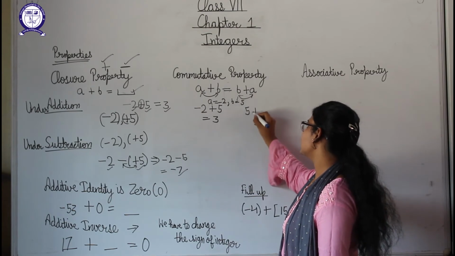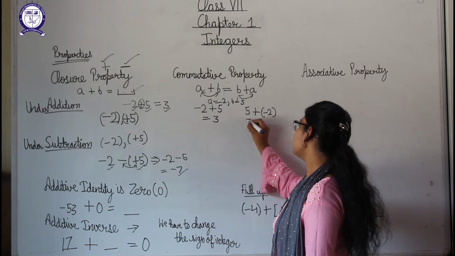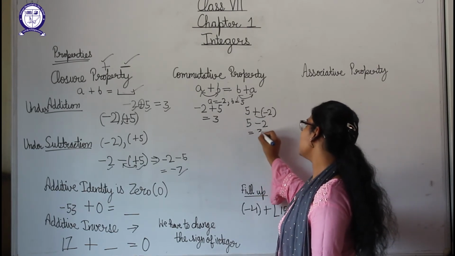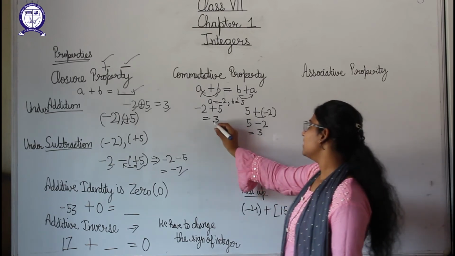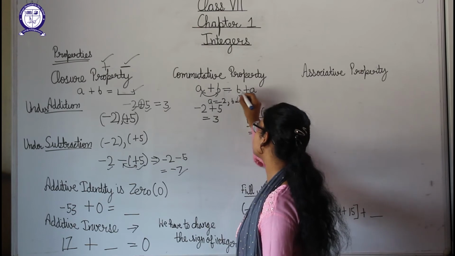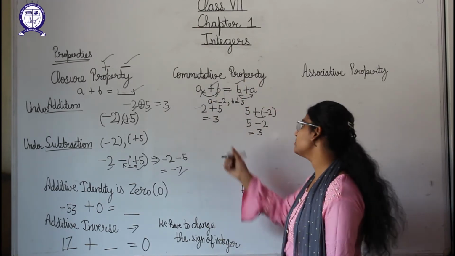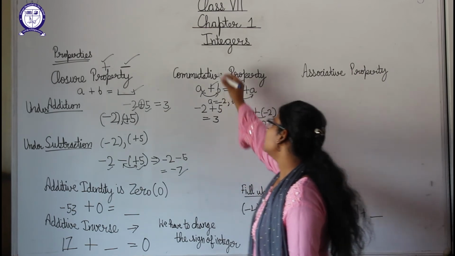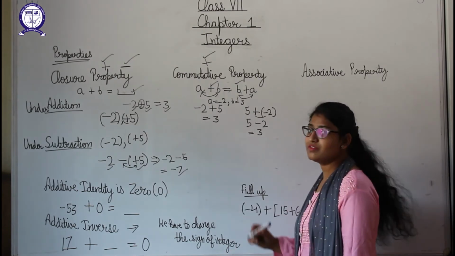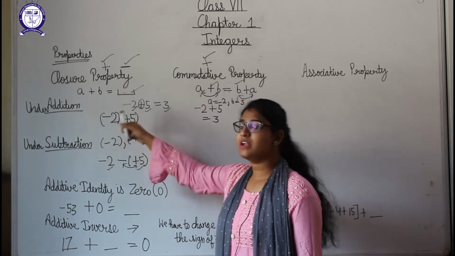We have to add, so the addition sign. What is a? A is -2. Now students, here 5 plus minus will be -2. But we are getting 3 as our answer. Here 3 was the answer, and here 3 was the answer. It means we can say that a plus b is equal to b plus a. If we interchange the position of the integers, both answers are the same. It means under addition this property is satisfied. We can say that integers are commutative under addition.